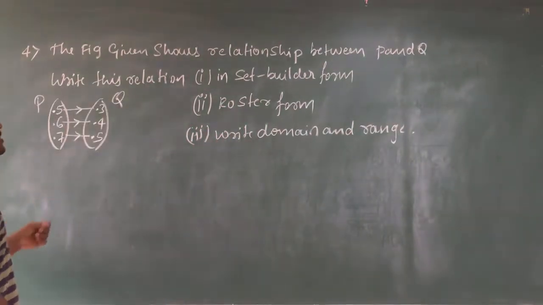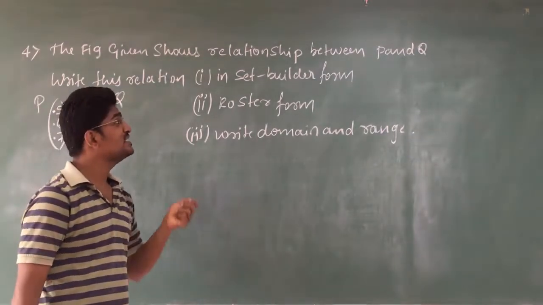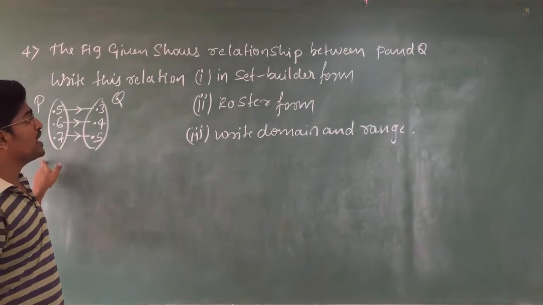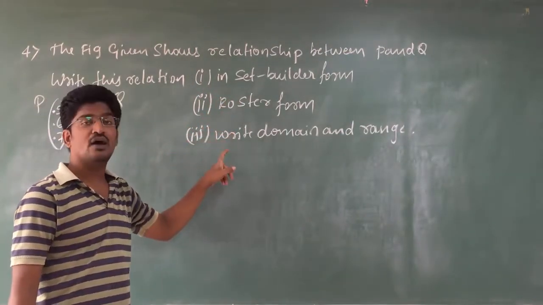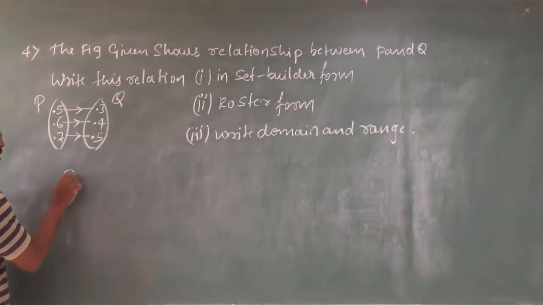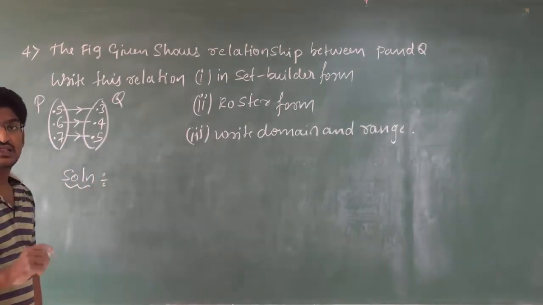From this arrow diagram you have to write the relationship between P and Q in set builder form, roster form and its domain and range. Clear? Okay.